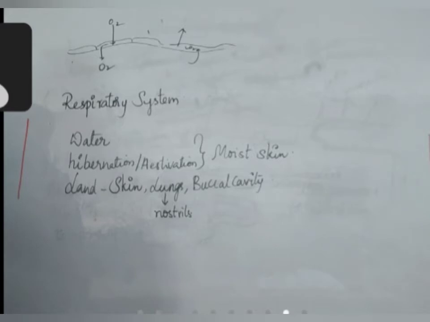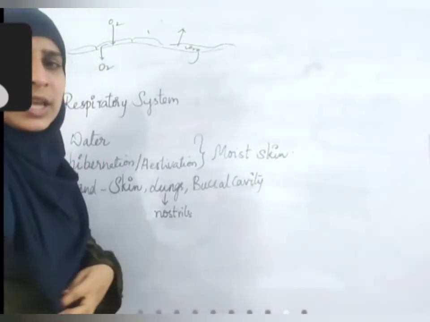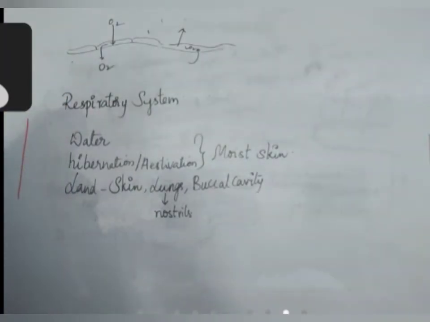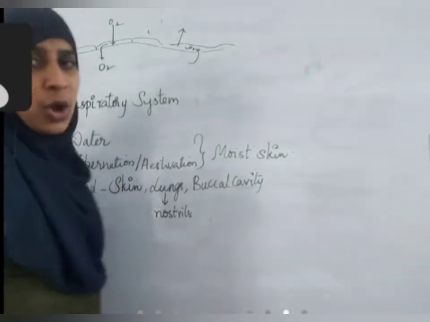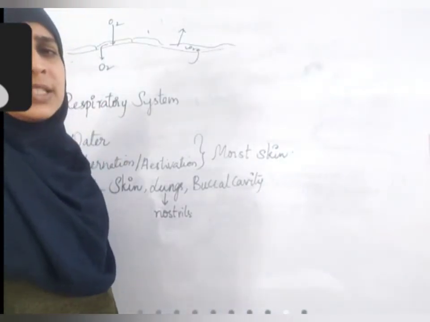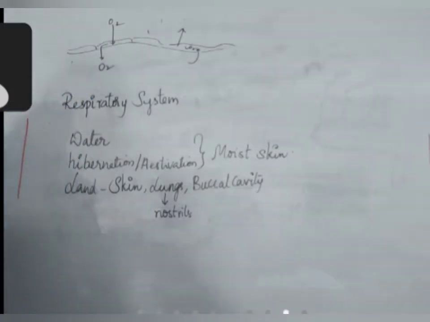Okay. In the buccal cavity, the inner lining of the mouth cavity, cells exchange gases similar to skin. The oxygen enters into moisture, then into the body. Carbon dioxide dissolves in the moisture and goes outside the body. It happens like this. Okay.